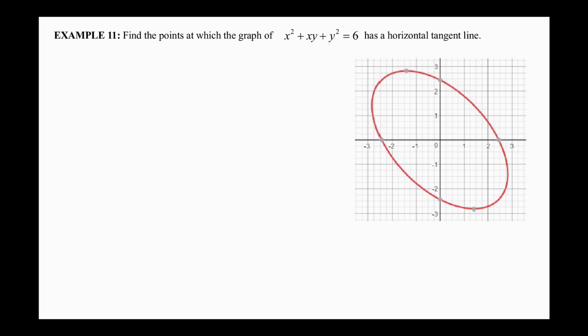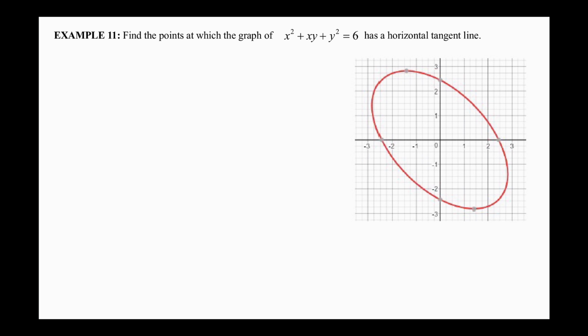Is it going to have one right here? No, that's going to be a negative. Same thing over here. Approximate it before we start, because it's a way of checking our work. Where would it have a horizontal tangent line?